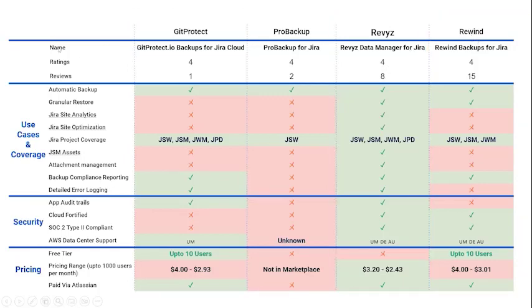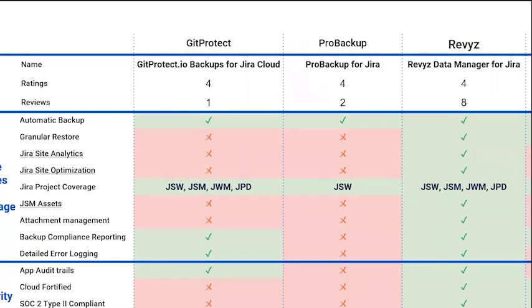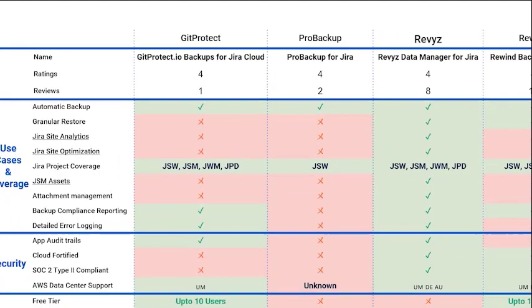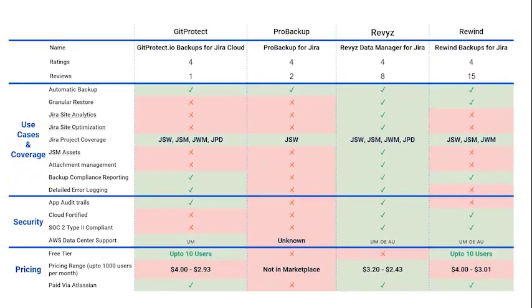The name of Git Protect is gitprotect.io Backup for Jira Cloud. Pro Backup for Jira is the name available on Atlassian Marketplace. Third is Revise Data Manager for Jira, which is created by Revise. Rewind is Rewind Backup for Jira.